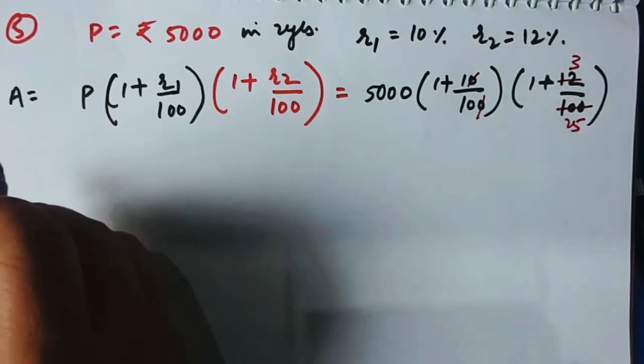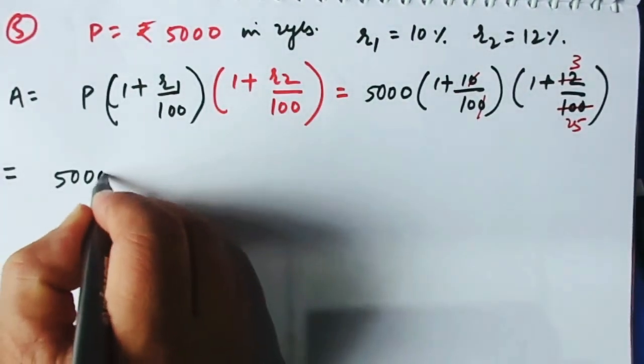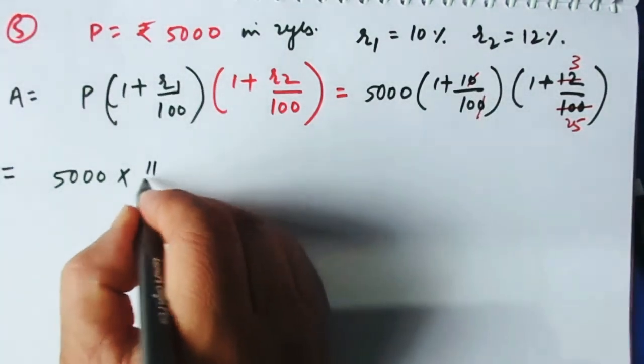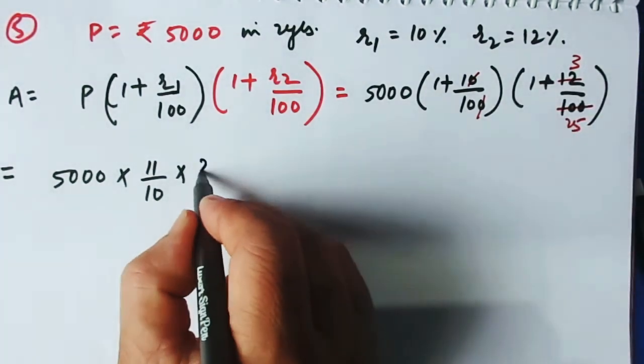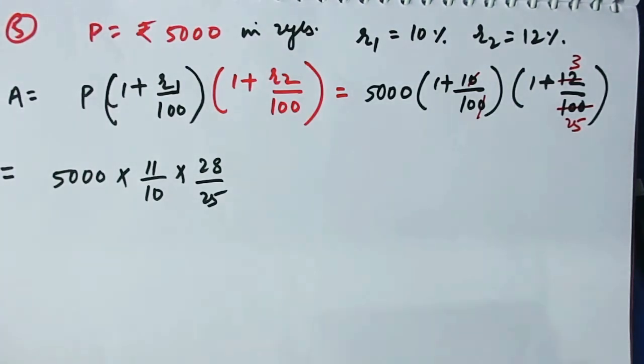So you will get 5000, this one into 10 plus 1, that becomes 11 by 10, multiplied by 25 plus 3, 28 by 25. Okay?